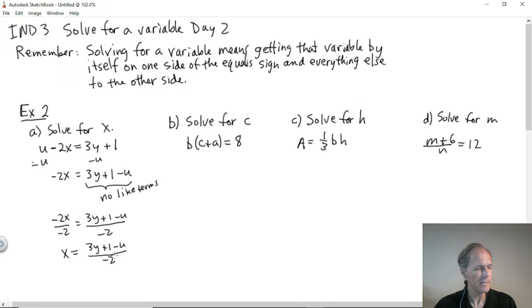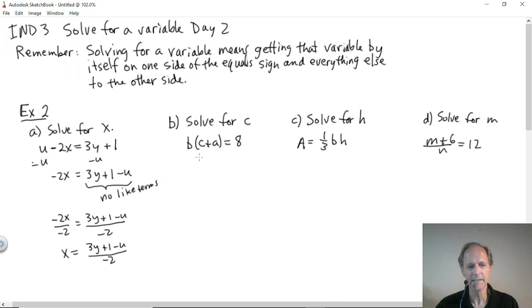Okay. Let's look at the next one. Solve for c. Okay, so this one, we have b multiplied by c plus a.